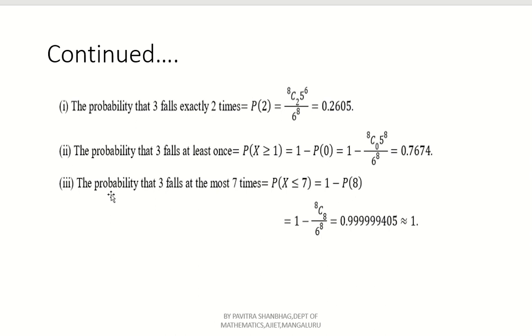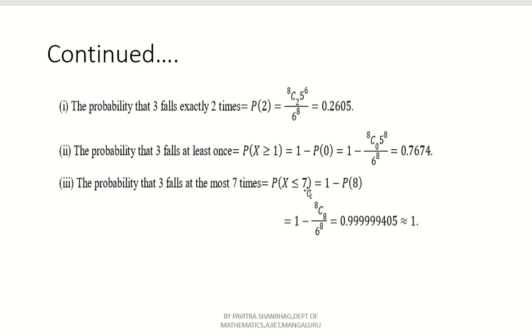Next, the last case, the probability that 3 falls at most 7 times. At most 7 times means what? Again, here the maximum limit is 7 and the minimum limit is 0. So you have to calculate P of 0 plus P of 1 plus up to P of 7. Instead of that, you can write it in the form of 1 minus P of 8, because P of 0 to P of 8, if you add, you will get 1, right?